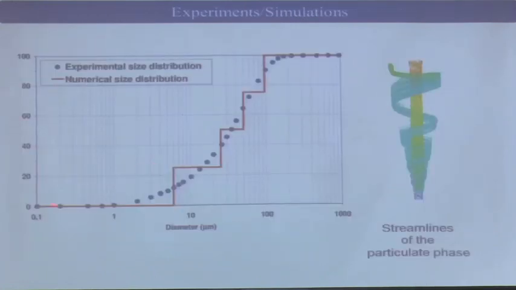Let's say that this is the PSD, particle size distribution, of your particles as a function of the diameter. If you want to solve this by CFD, you are not going to solve all the different classes, because for each class we have one mass balance and three equations for momentum.